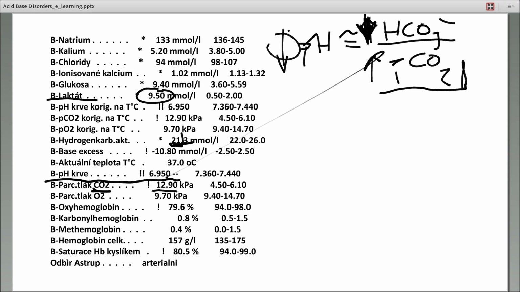So you have this combination of respiratory and metabolic acidosis, and metabolic acidosis, on the other hand, can drive your bicarbonate down. So it's a bit more complex in this situation. You may just omit this and just look at PCO2 and pH, so that we make it more simple.